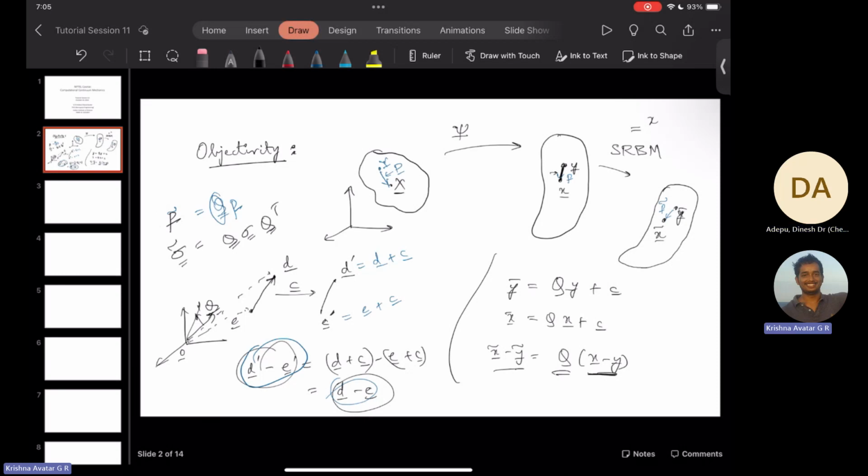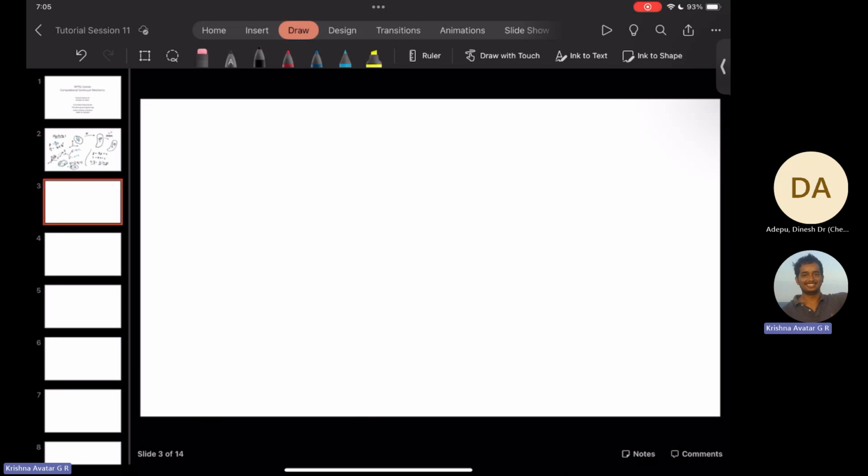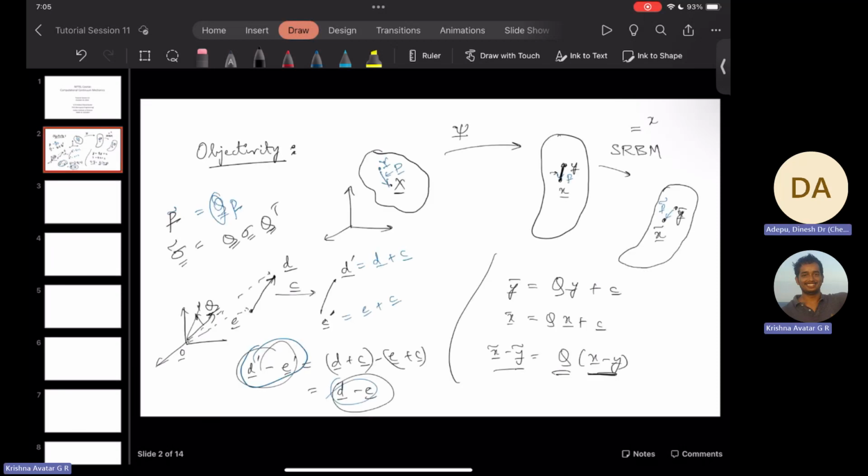Now, for isotropy, there is a slight difference. Actually, that is where the key lies.